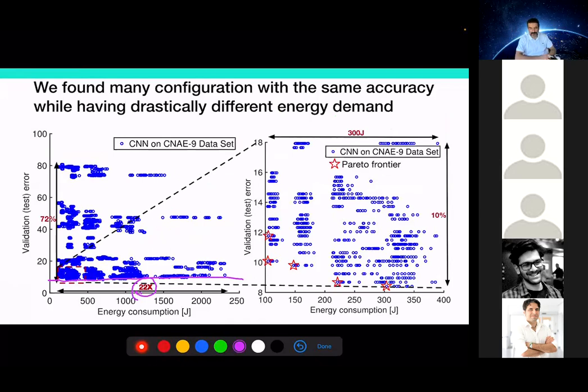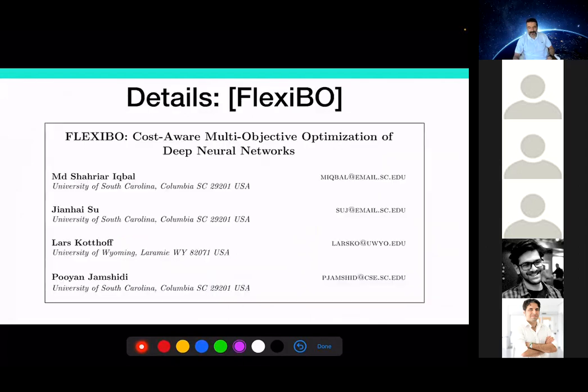That was an interesting observation, because even though we want to be accurate, we want to find some configuration that doesn't consume much, right? We do not like to use a configuration that is accurate but bad with respect to energy consumption. You can find more detail in this paper.